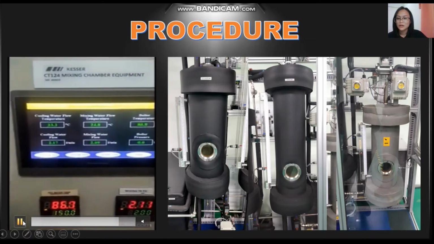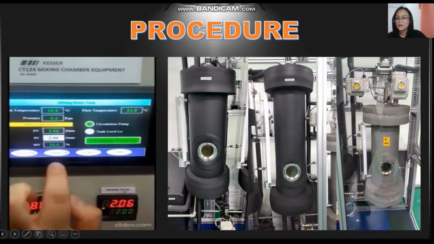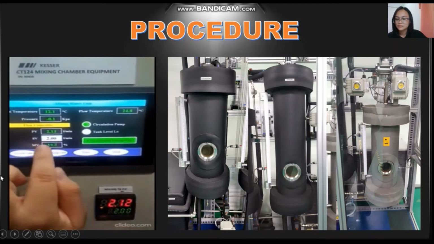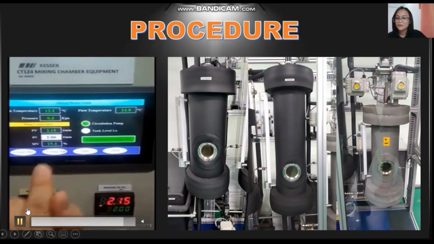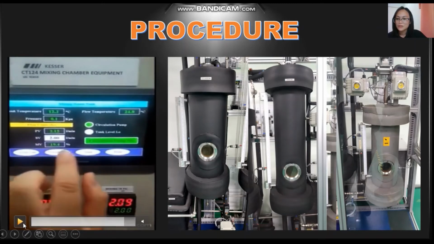The data that we needed, we can refer to this screen. But before that, we need to set the mixing tank flow rate to a new flow rate value, in which the reading in kg per hour that we already converted to liter per minute, we add it to the 2 liter per minute initial flow rate in the mixing tank.